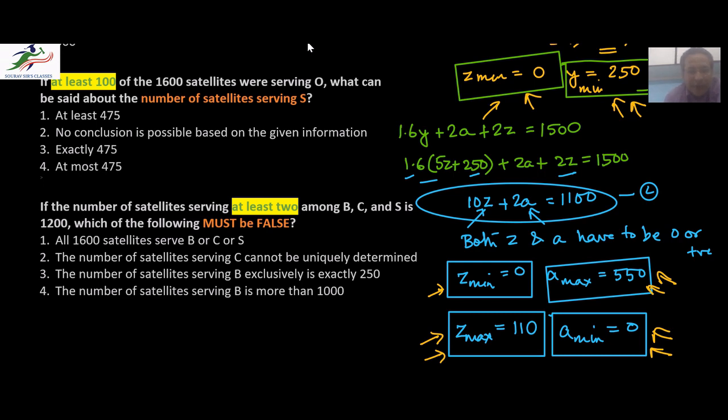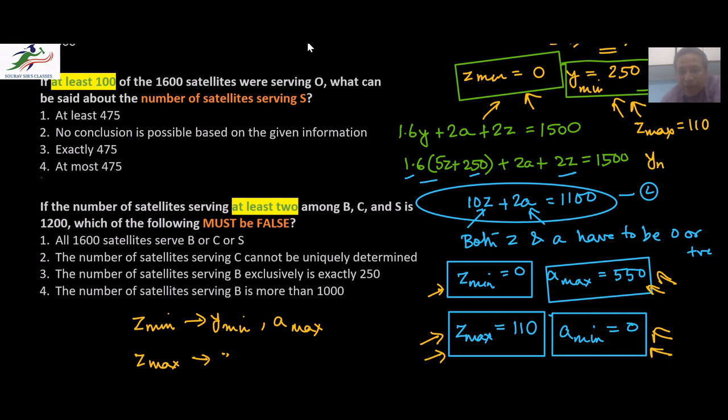So therefore we get one condition: Z minimum, meaning Y minimum and A maximum, and the other condition is Z maximum. In that case we get A minimum and Y maximum. So Z max is 110.